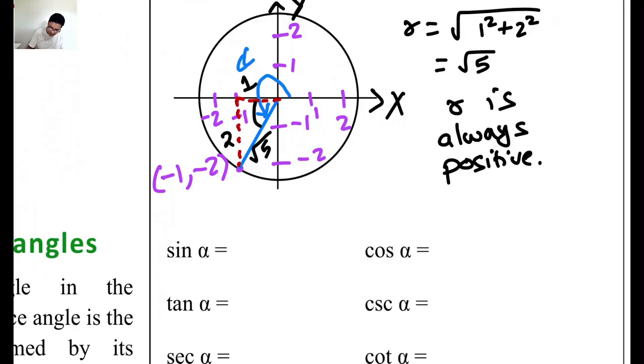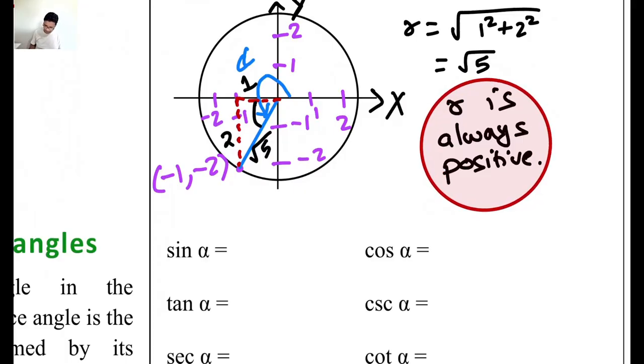We don't talk about the quadrant here. Just keep that in mind. I'm going to circle this piece of information. The radius is always taken to be positive in all your calculations.